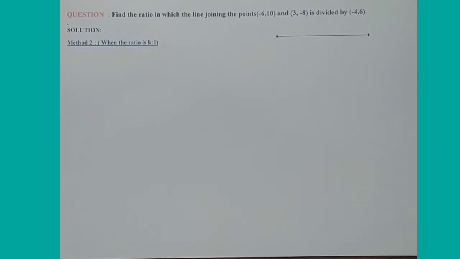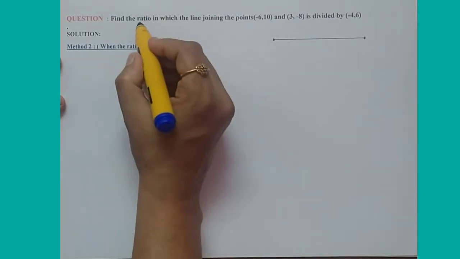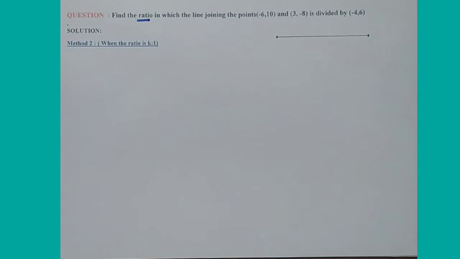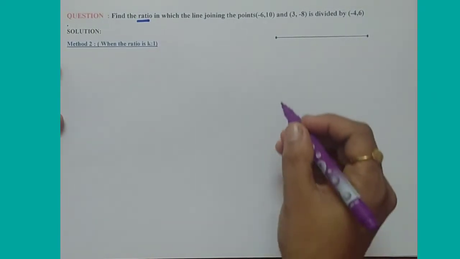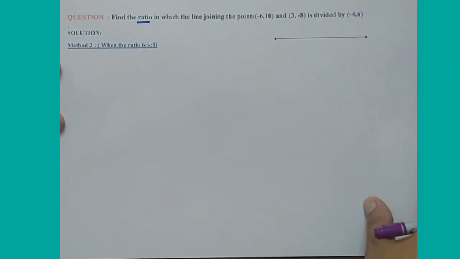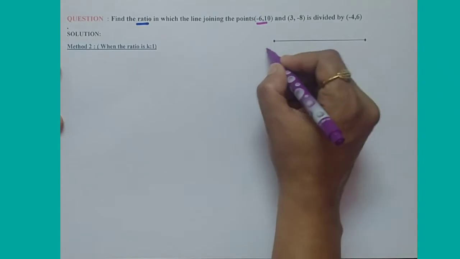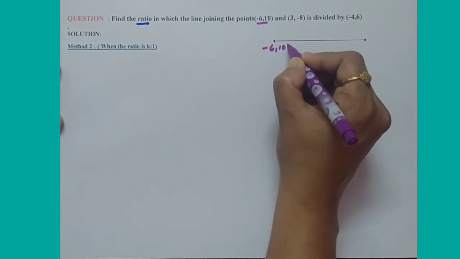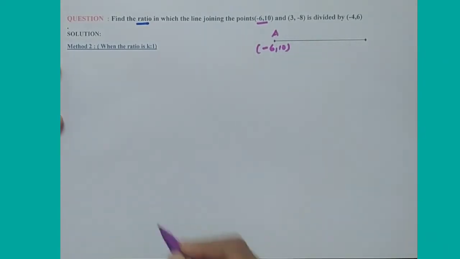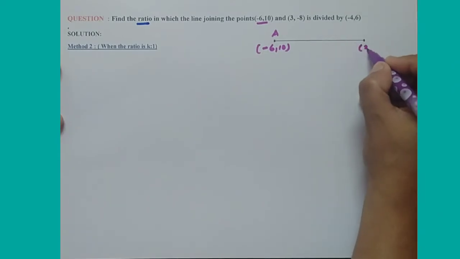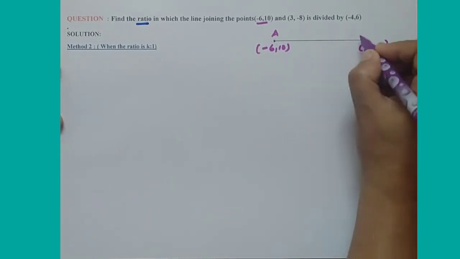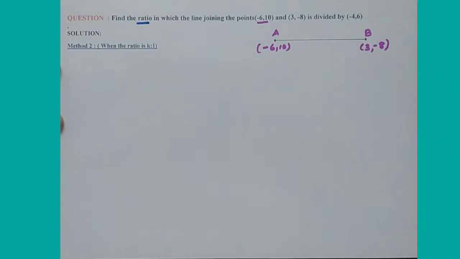Find the ratio in which, again you are asked to find a ratio, the line segment joining the points -6, 10 and 3, -8 is divided by -4, 6. Write the ratio in the order given in the question. The first point -6, 10 you need to take as A. The second point 3, -8 you need to take as B, in the corresponding order itself.